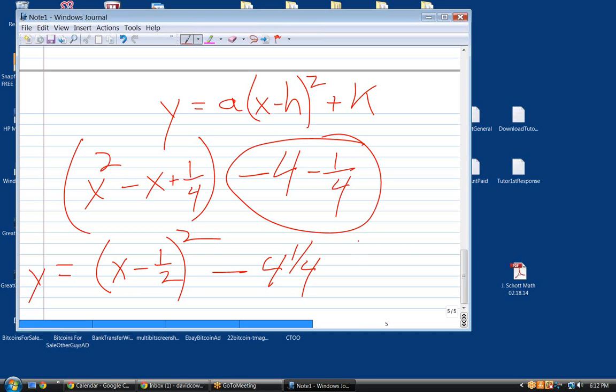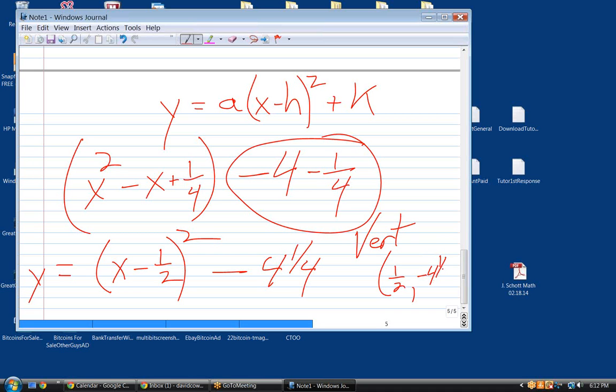Okay? So the vertex is where? Negative 1, negative 1/4? No. Wait, positive 1/2. h is the x-coordinate of the vertex. Sorry, I keep looking at the equation above. Okay, what's k? Okay, yeah, I knew that. Negative 4 and 1/4.